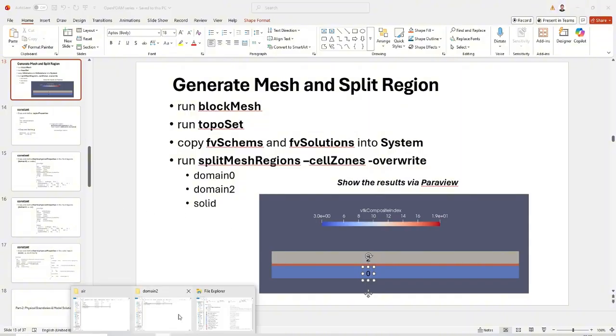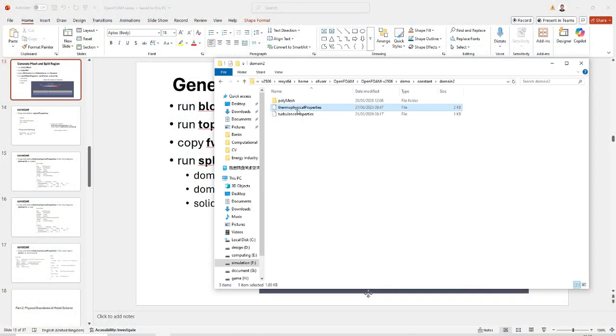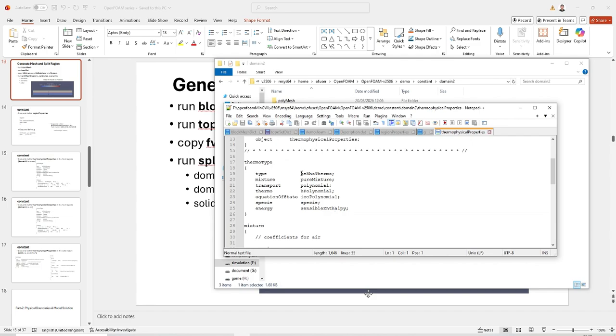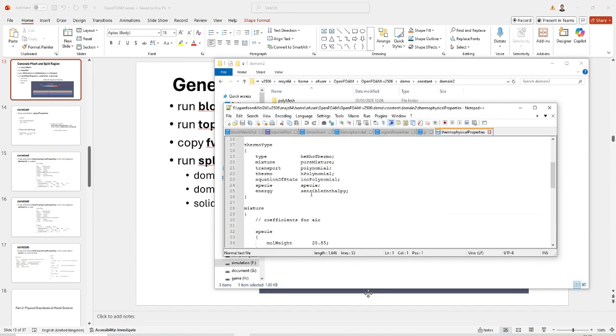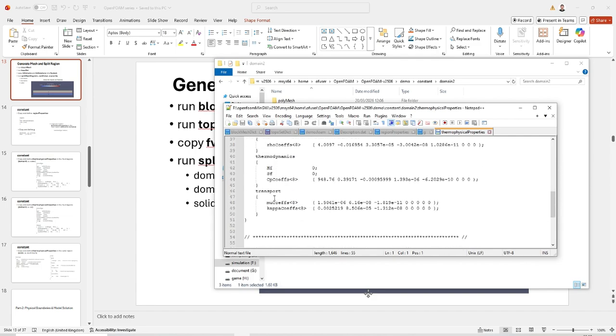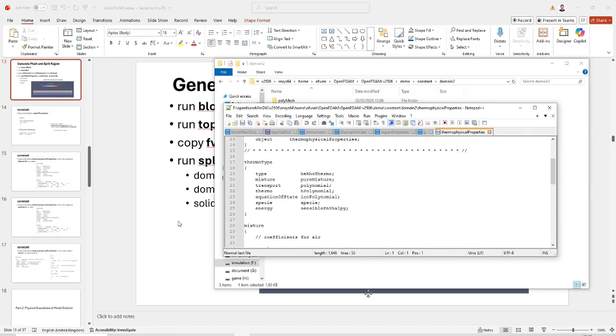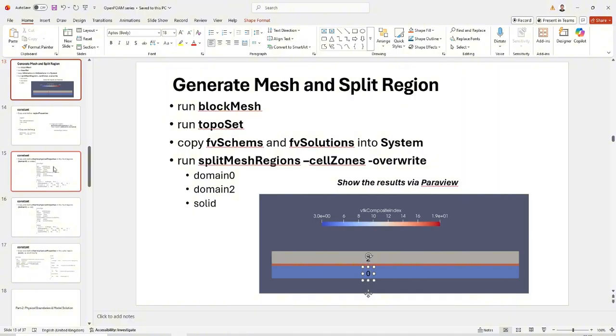So we go back here, we have a quick look at the domain 2 thermophysical properties. We open it, and we see it has the thermo type. We have the mixture, which means the properties of that, and we just need to make a change here.